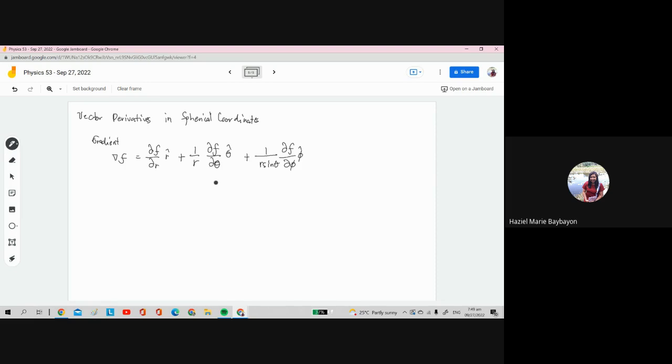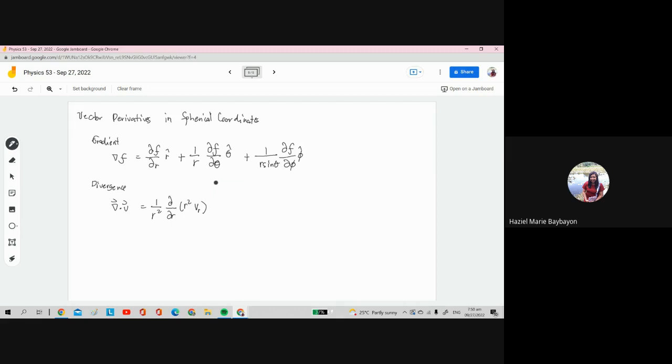And then for the divergence of a vector function, so you have the divergence of v. This is equal to 1 over r squared multiplied by the partial derivative of r squared multiplied by the radial component of your function.